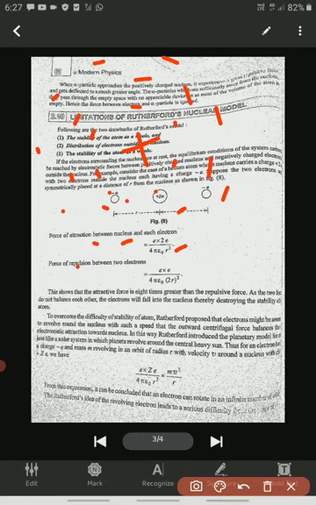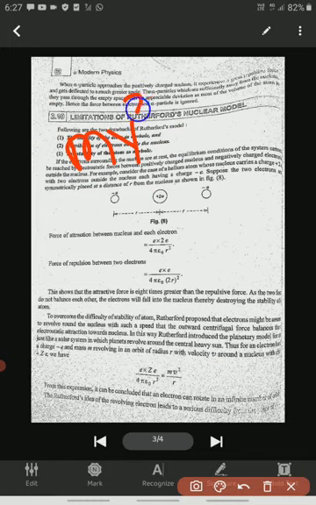When these electrons are moving or revolving around the nucleus, centrifugal and centripetal forces come into play. The centripetal or centrifugal force is mv square by r. This is the formula for centripetal or centrifugal force.